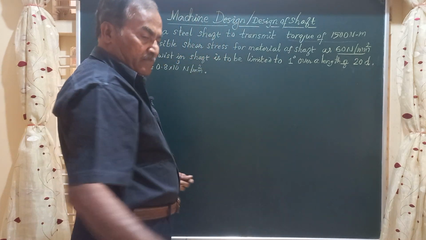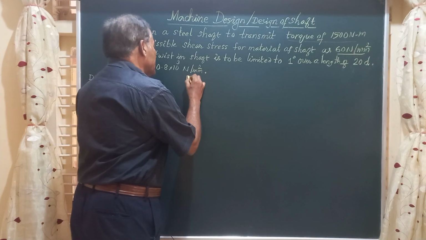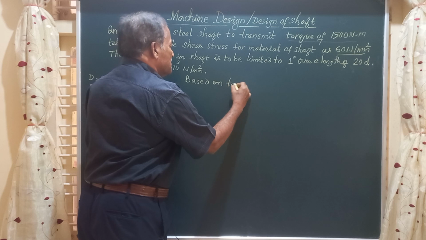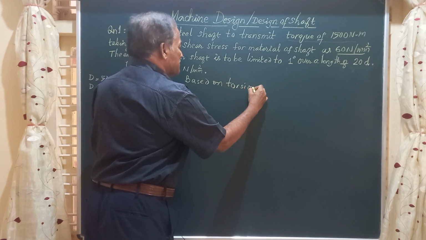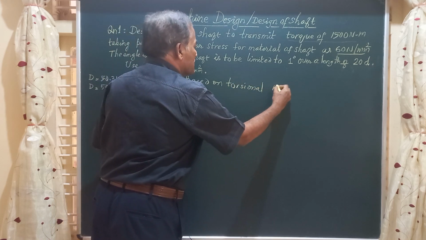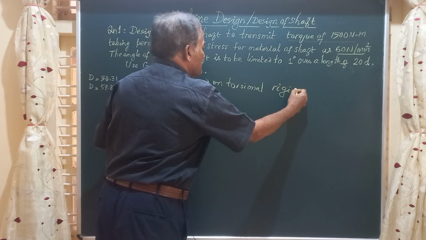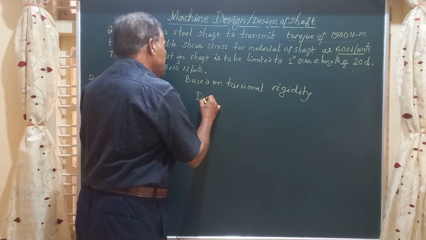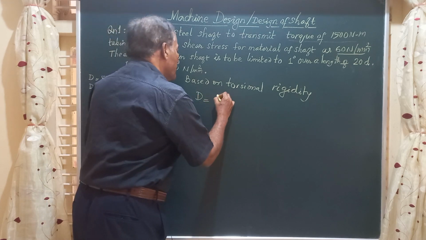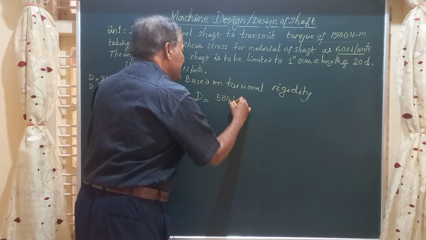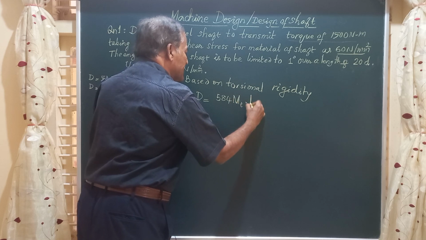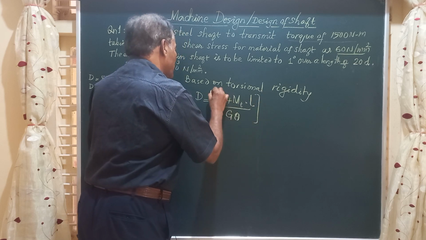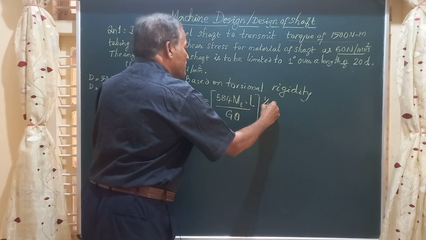So we can say based on torsional rigidity, we get another value of D given by D is equal to 584 MTL, MT multiplied by L divided by G theta whole to the power of 1 by 4.